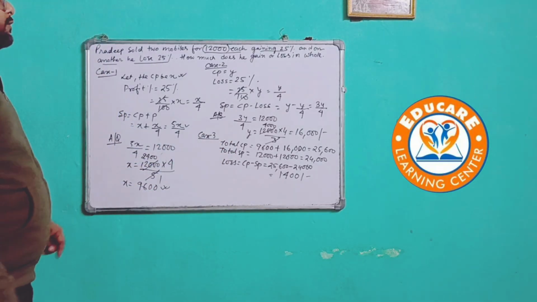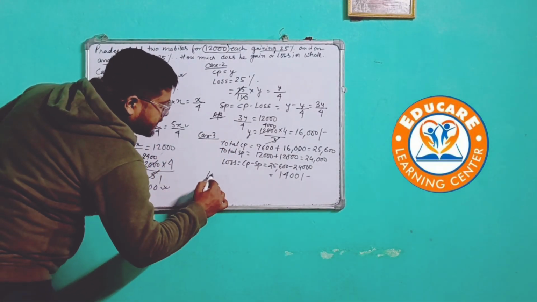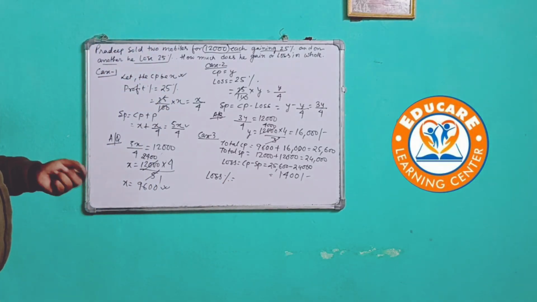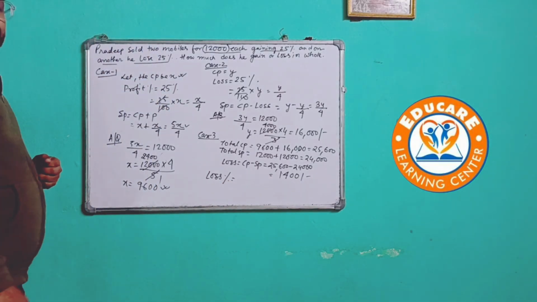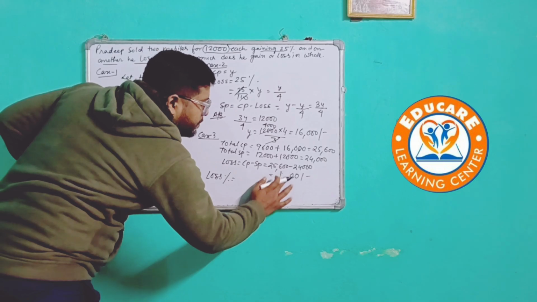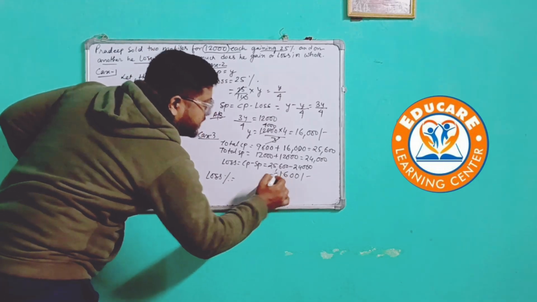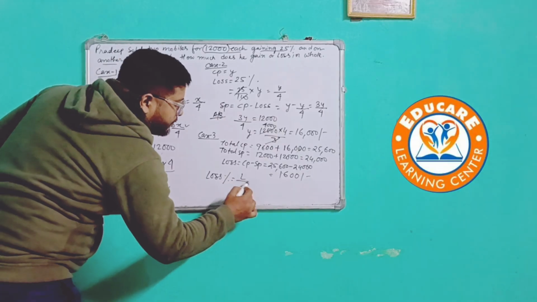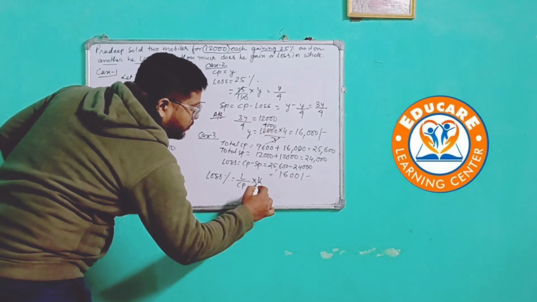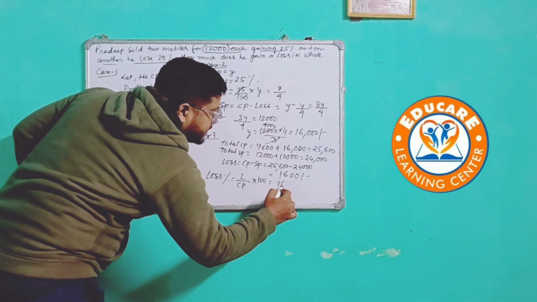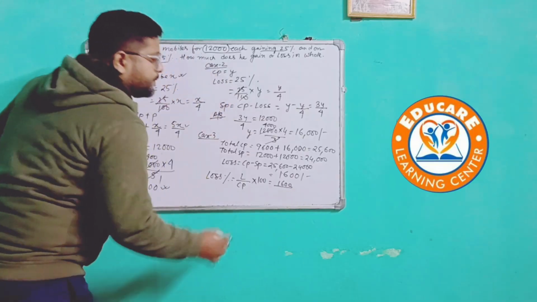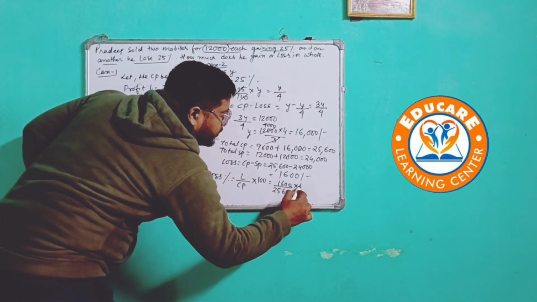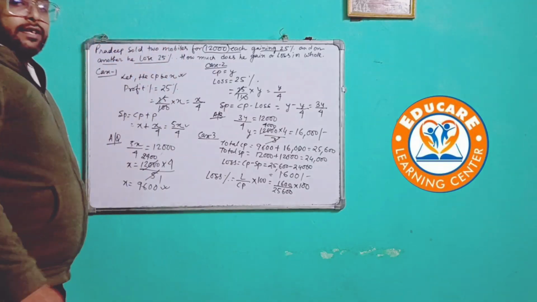Now in the last part we need to find the loss percentage. For finding loss percentage, what will be the value? Beg your pardon, it will not be 1,400, it will be 1,600. So loss by CP into 100, that means 1,600 is our loss, our CP was 25,600, into 100.